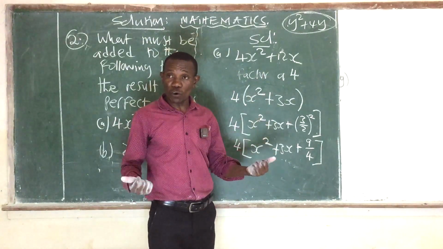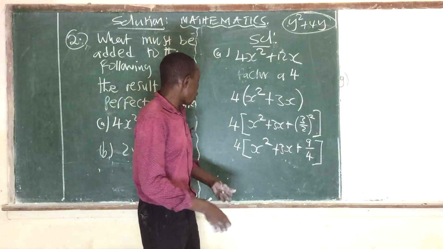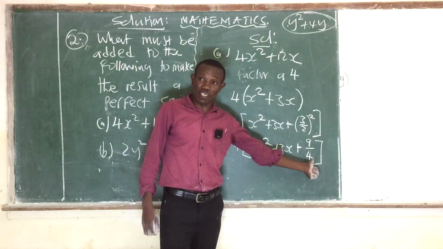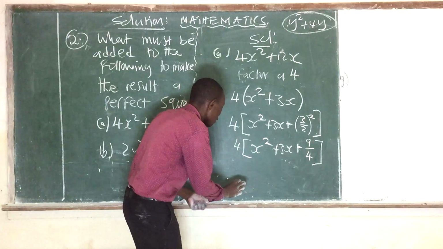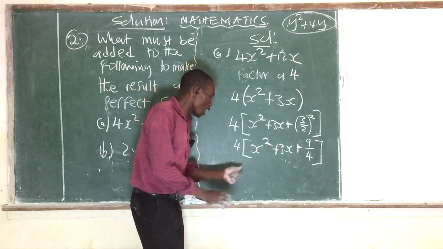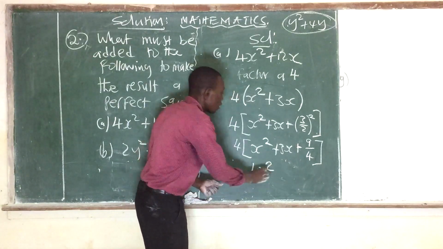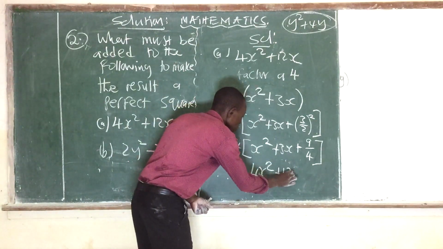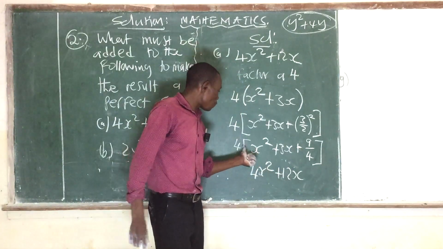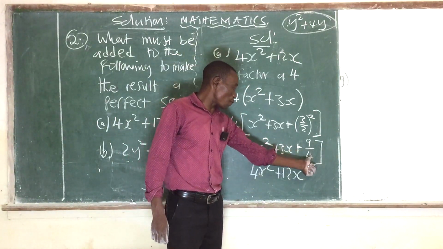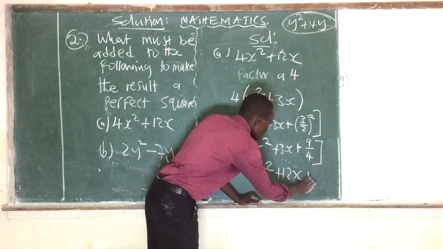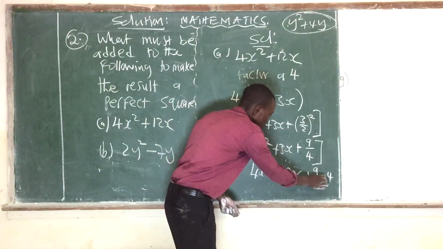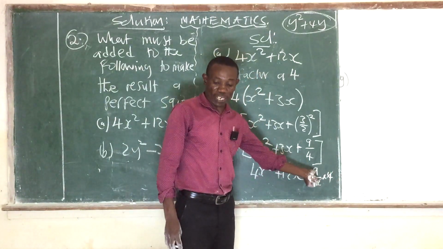So 4 times x squared, you get 4x squared, and 4 times 3x, that's the 12x, and then 4 multiplied by 9 over 4: you cancel 4 into 4, get a 1, and here you have a 9.